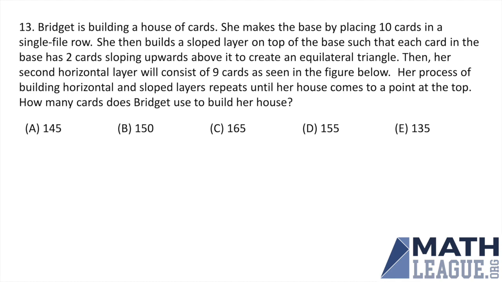And the bottom row in Bridget's house of cards has 10 triangles because there are 10 cards in the base. So to figure out the total sum, we would do 3 times 10, that's the number of cards in the 10th row, plus 3 times 9, number of cards in the 9th row, plus 3 times 8 for the 8th row, and so on, all the way to 3 times 1.